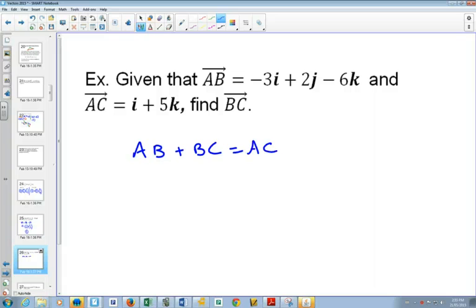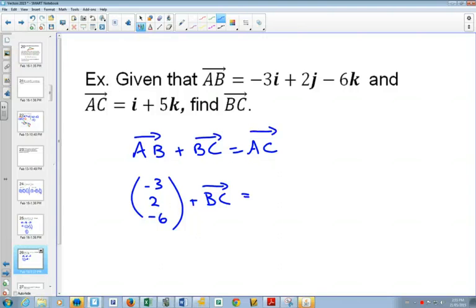So the same thing can happen if you're missing a vector. We know A to B is negative 3, 2, negative 6. We don't know B to C. Add my arrowheads over top here. But we know A to C. What am I going to do with A to C? How am I going to write that out? There's only two things, so write them bigger to fill in things.